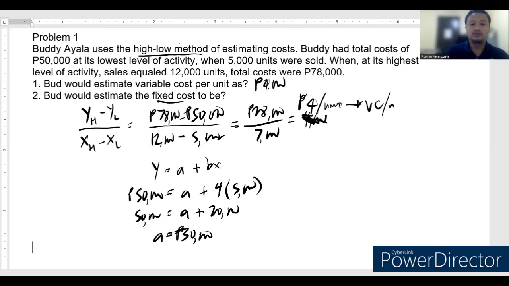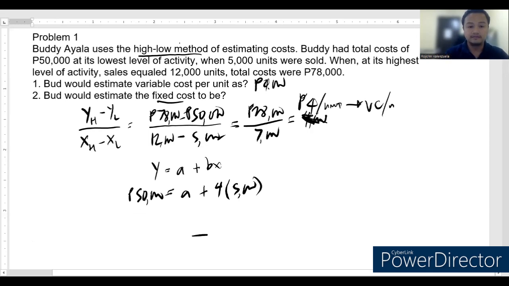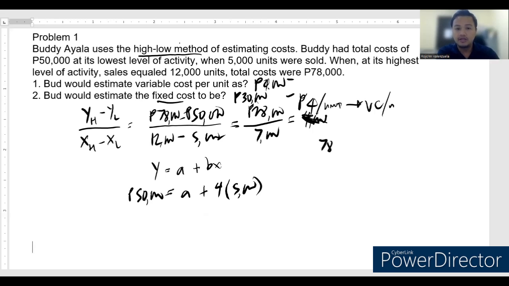Okay? So to check whether tama yung ating 30,000, let's try to use these two and check whether tama yung ating sagot. So you have your Y equals A plus BX again, using the highest naman. 78,000 equals 30,000 pesos, that's your fixed cost, plus variable cost per unit of 4 multiplied by 12,000.